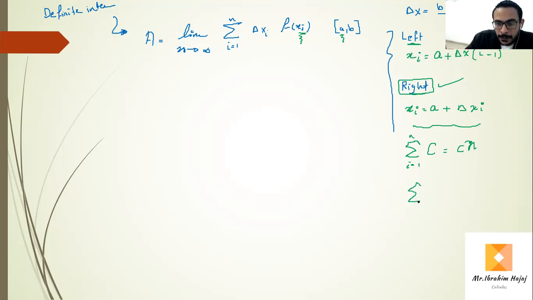The summation when i is 1 to n for i only is n times n plus 1, and this all over 2. Now the summation when i is equal to 1 to n for i squared equals n times n plus 1 times 2 times n plus 2, and this all over 6.